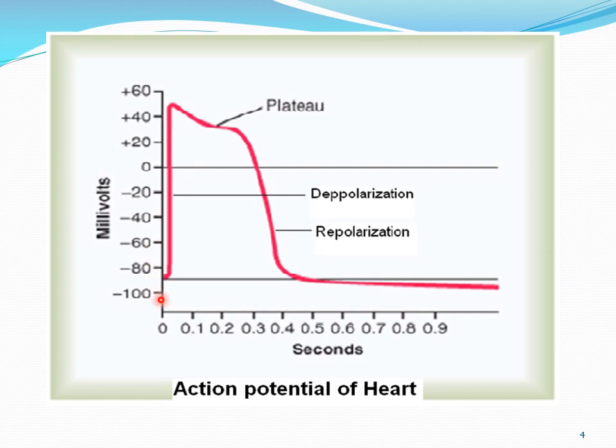So this is the depolarization, due to the fast sodium channels. It is followed by the plateau. In the plateau, the cardiac muscle remains depolarized for 0.2 second, due to the opening of slow sodium-calcium channels.